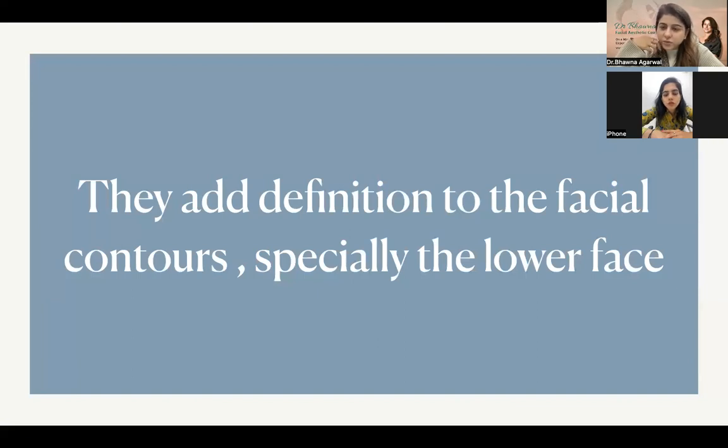That downward and forward descent is something which we want to deal with thread lifting. For every aesthetic concern, you have to know the contributing factor, be it tear trough, nasolabial fold, cheek flattening, malar flattening, mentolabial fold, marionette lines, jowls, all these things.